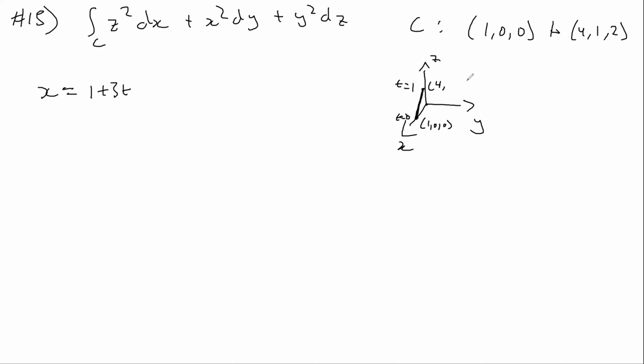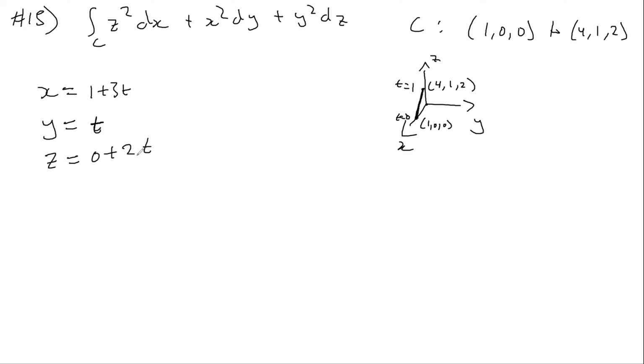Now my y is just going to be t, because it increments up by 1 and starts out at 0, so it'll be 0 plus t. And my parametric equation for z is just going to be 0 plus 2t.